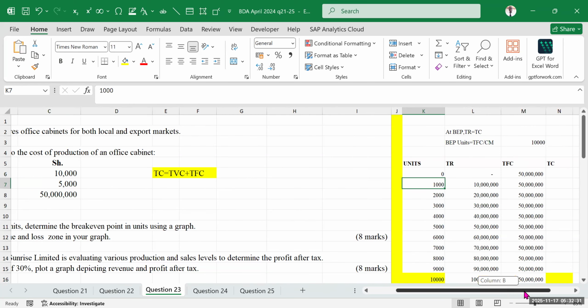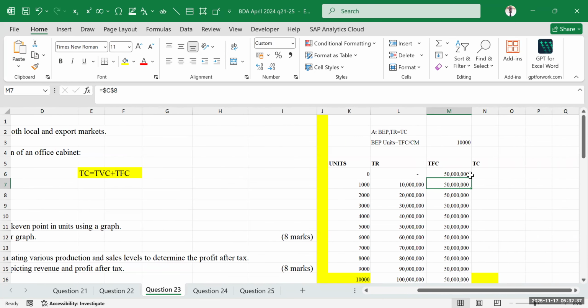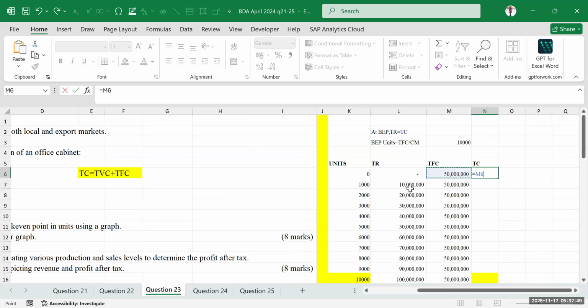Then, to get our total cost, we will add the fixed costs that we have already brought on board. So on the first cell there, total cost, I want us to start by referring to the total fixed cost, which of course remains constant. So I have referred to that cell of total fixed cost.